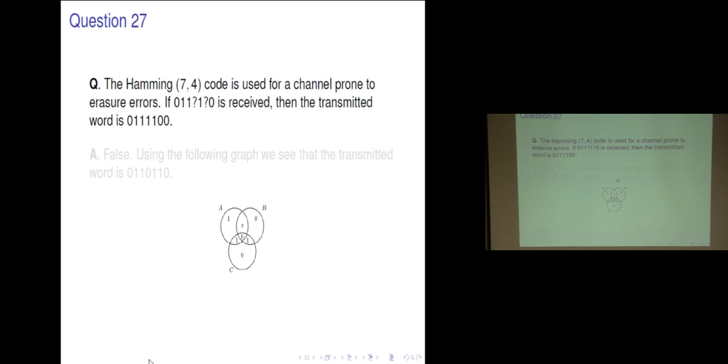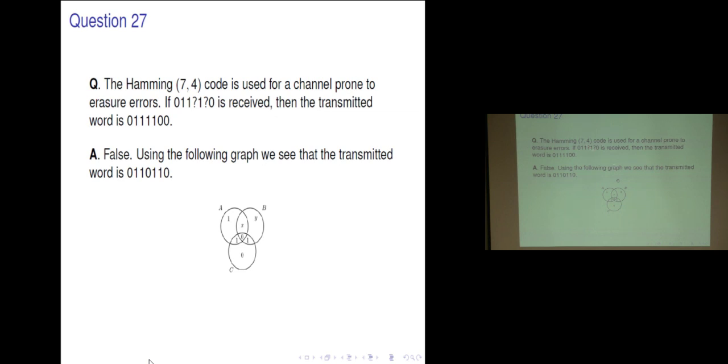And then we have another interesting method of coding. This is the Hamming 7-4 code. Suppose you receive a message like this. It's a 7-digit message, but there are some corrupt bits. The 4th and the 6th are unknown.